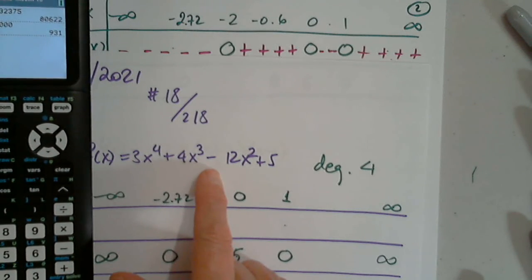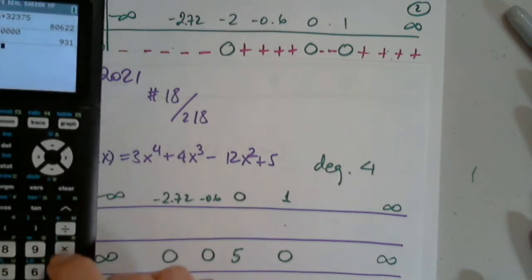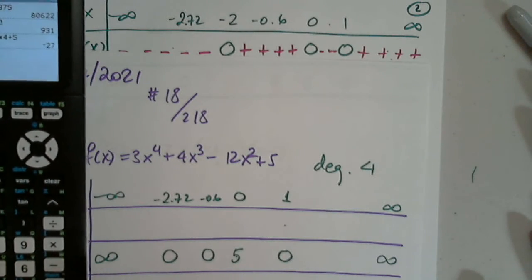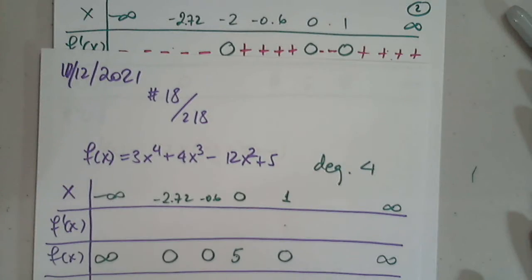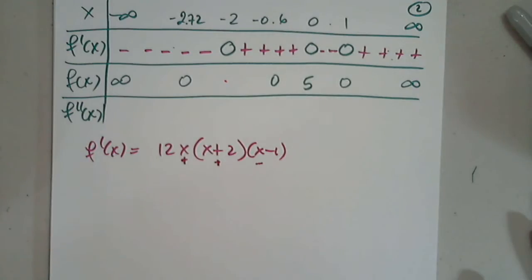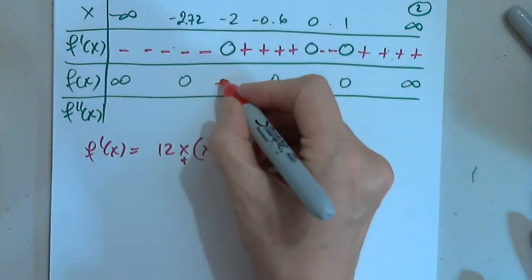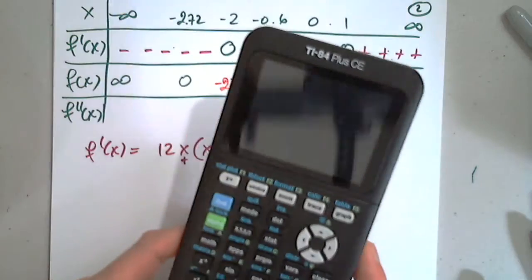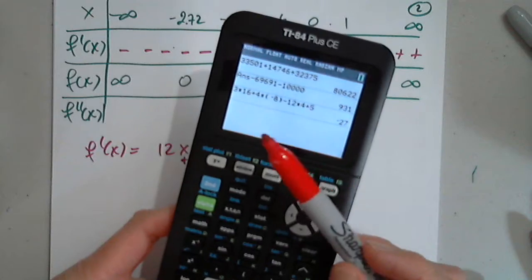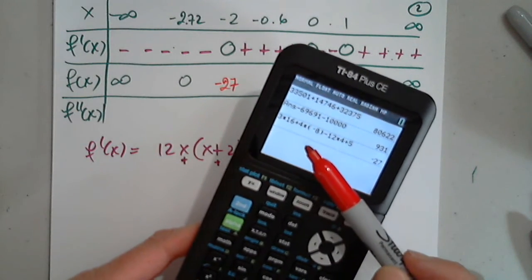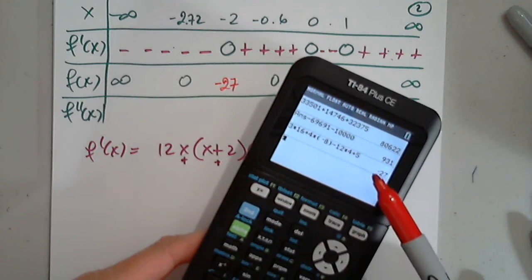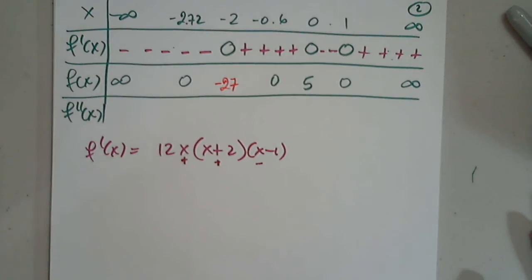And then a minus 12 multiplied by 4 and plus 5. So -27. I need this number here. Please correct me if I'm wrong. I'm going to just make sure I do it again. So 3 times 16, that's correct. And 4 times -8, that's correct. -12 times 4, that's correct, plus 5. I think I'm okay. Good.